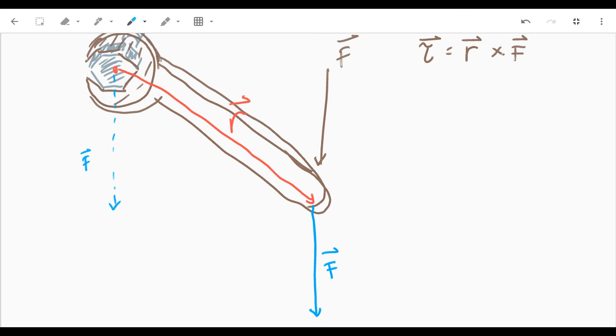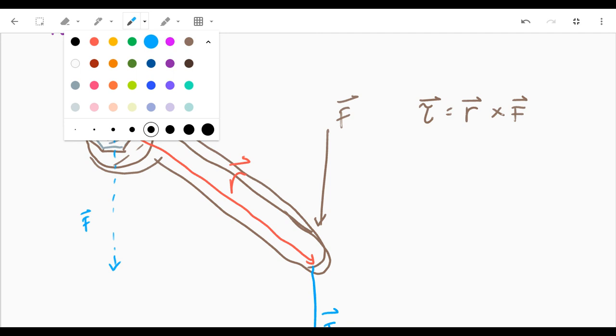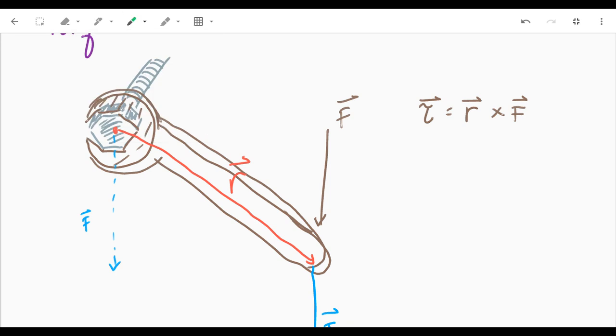So you would point your right hand down R, curl towards F, and your thumb has to point in. That is your axis of rotation, pointing in towards the bolt. So there would be your torque.